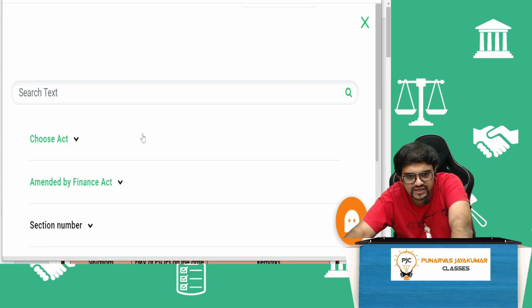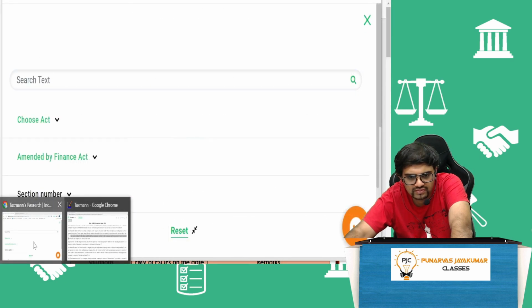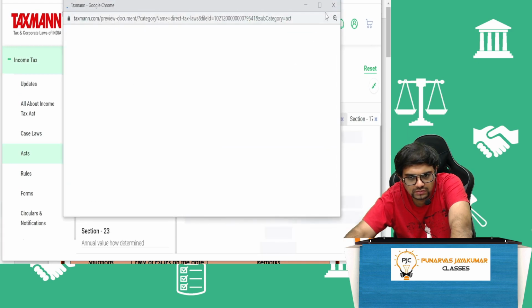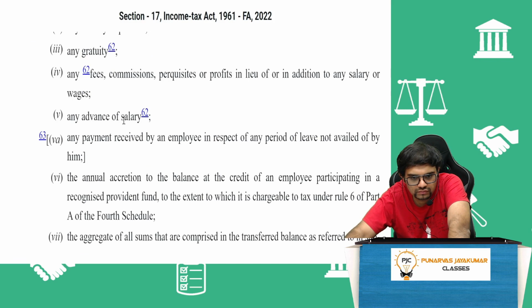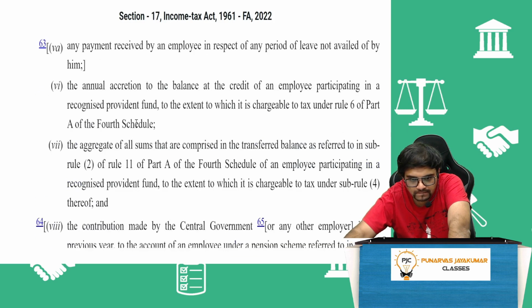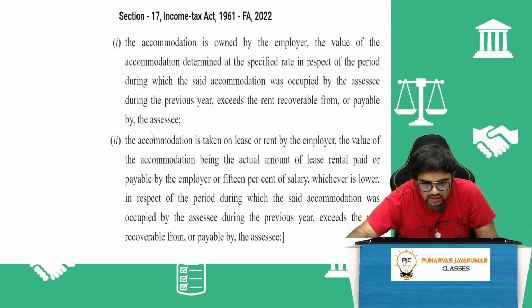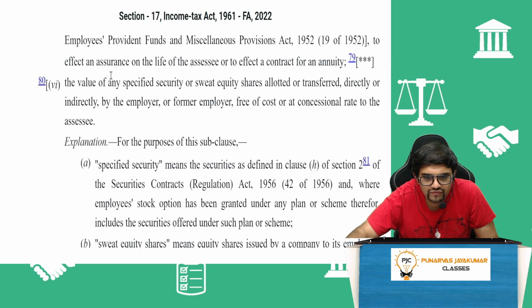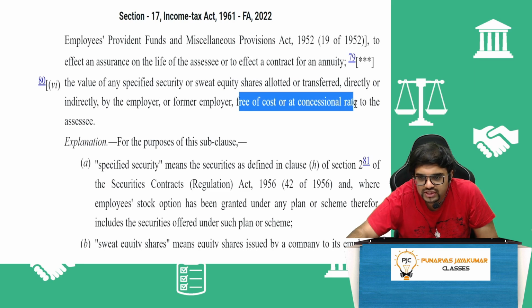So if you see section number 17, which talks about what is a perquisite, in this, if you see here, the value of any specified security or sweat equity shares allotted or transferred directly or indirectly by the employer or former employer free of cost or at concessional rate to the assessee.